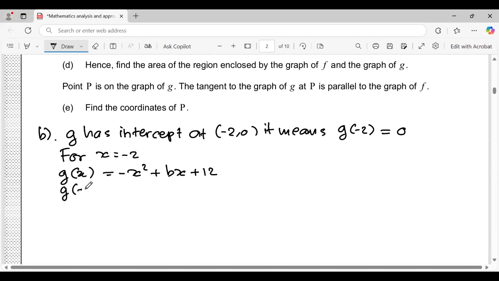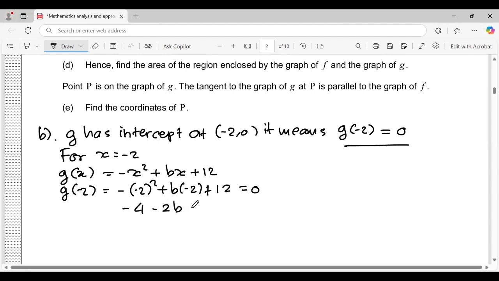So g(minus 2) is minus 2 squared plus b times minus 2 plus 12 equals 0. So it's 4 minus 2b plus 12 equals 0, minus 2b plus 8 equals 0. So minus 2b equals minus 8, and b equals 4.